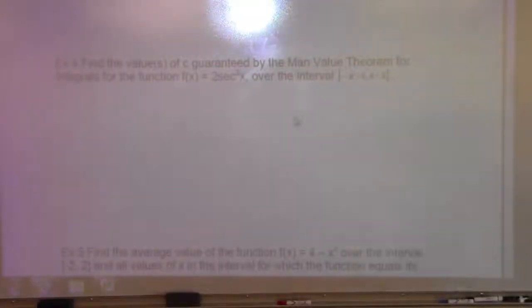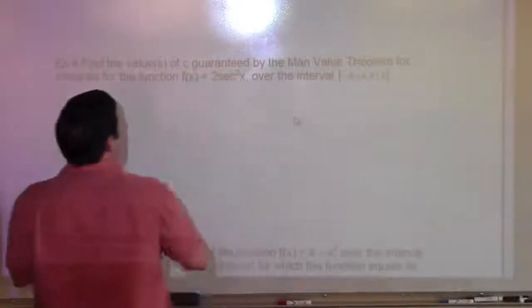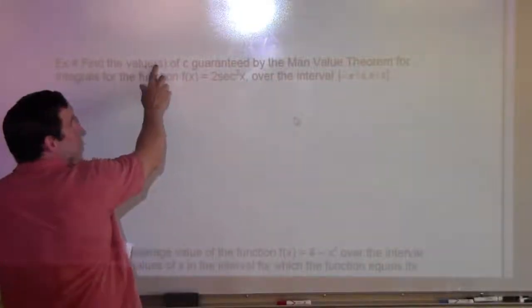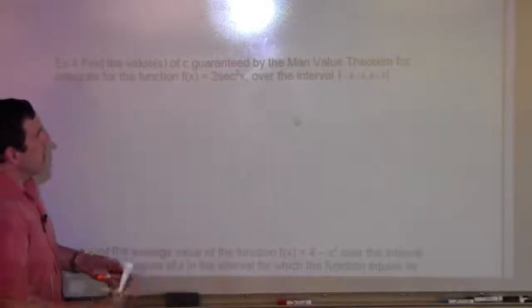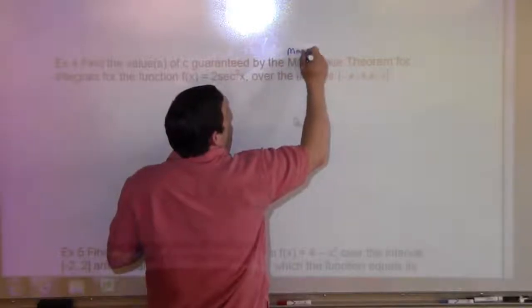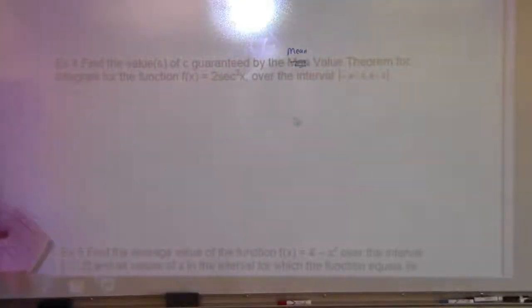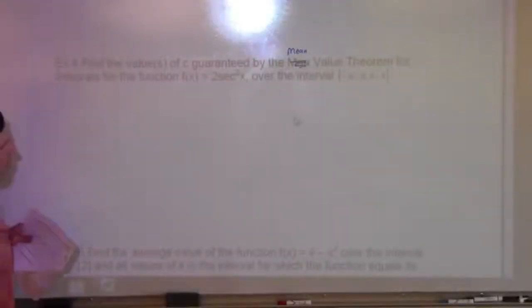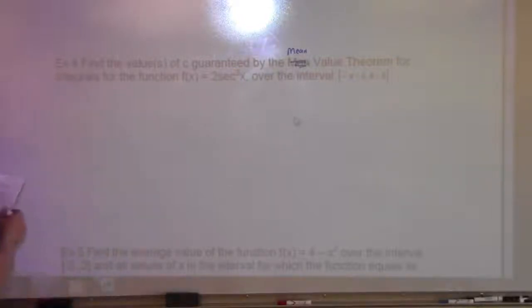Okay, example 4 says, find the values of c guaranteed. It could, values in parentheses, I mean, it could just be 1 or it could be more. Find the values of c guaranteed by the mean value theorem for integrals for the function f of x equals 2 secant squared x over the interval from negative pi over 4 to pi over 4.